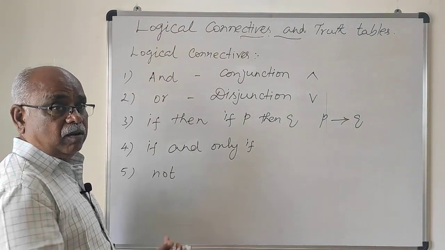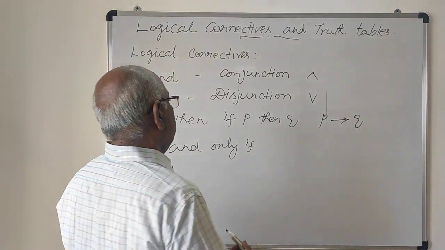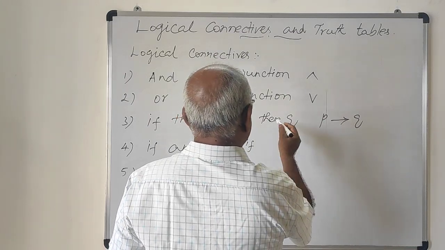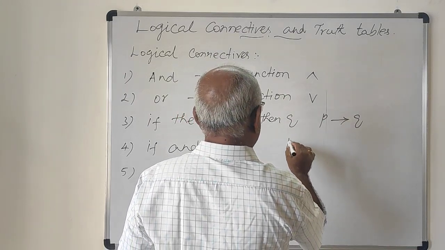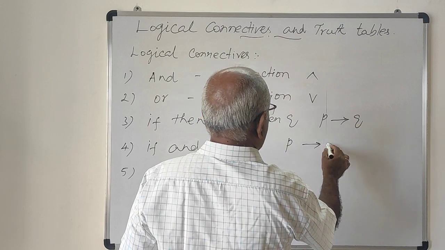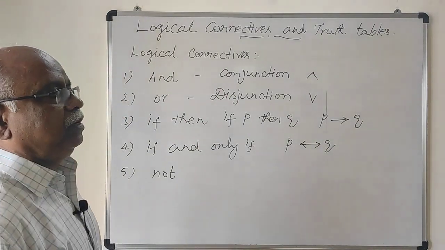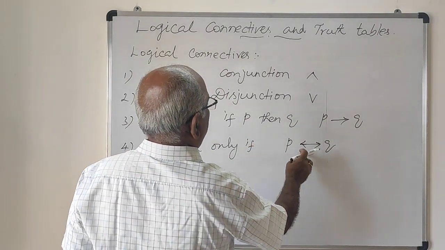If and only if is called a biconditional statement. If and only if is biconditional, that is P two-way implied Q. P if and only if Q is a biconditional statement.